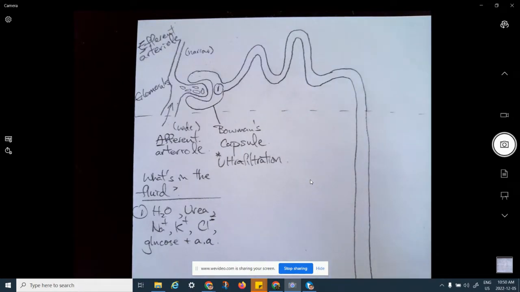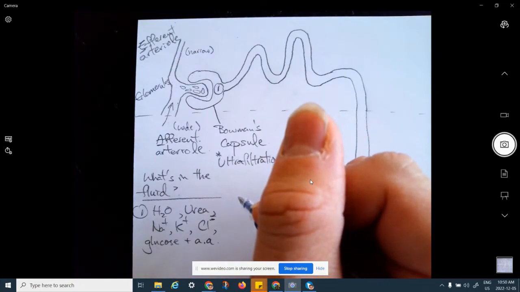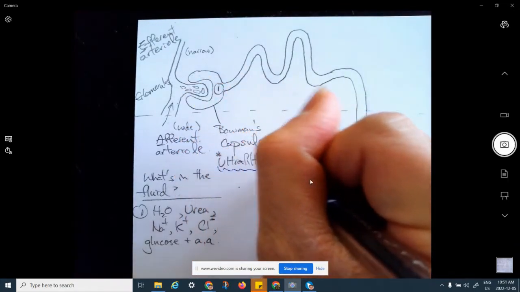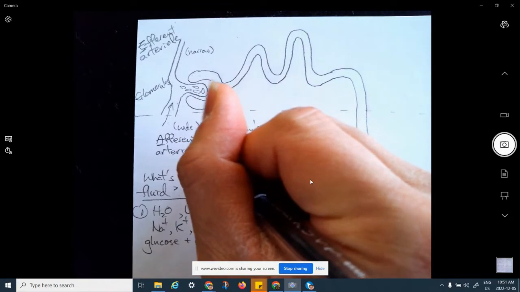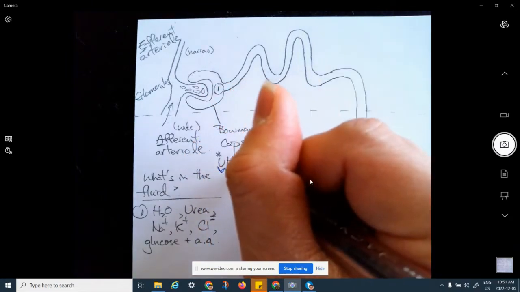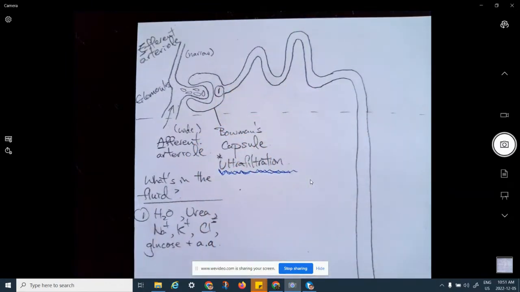Any questions so far? Since this is a filtration process, I'm going to use blue because it's a passive transport. Blue is passive transport. So ultrafiltration, that's blue. Any questions so far?